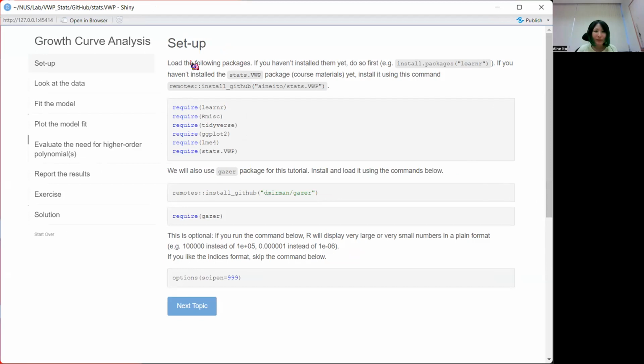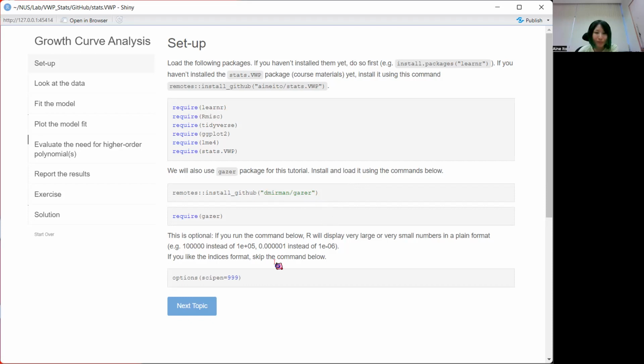Right. So the setup looks like this. These are just the packages that you need to install to run the tutorial and the analysis. That's what you have done already if you are able to launch this tutorial. The package that we are using to run the growth curve analysis is from Dan Mirman's website. It's called GazeR. We are using this package to compute the polynomials that we need for the growth curve analysis.